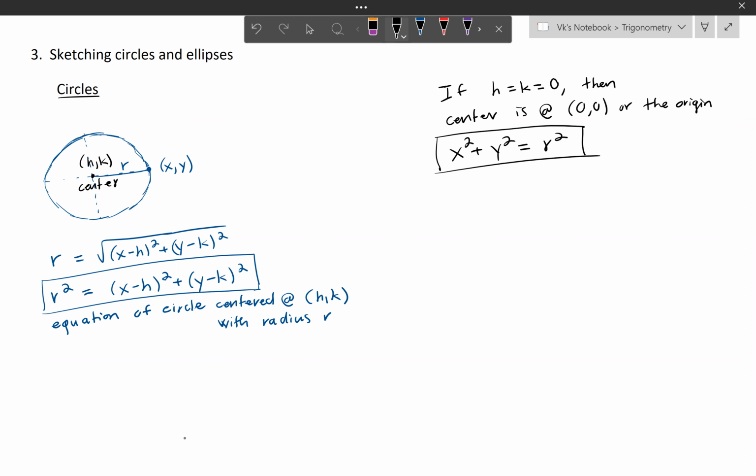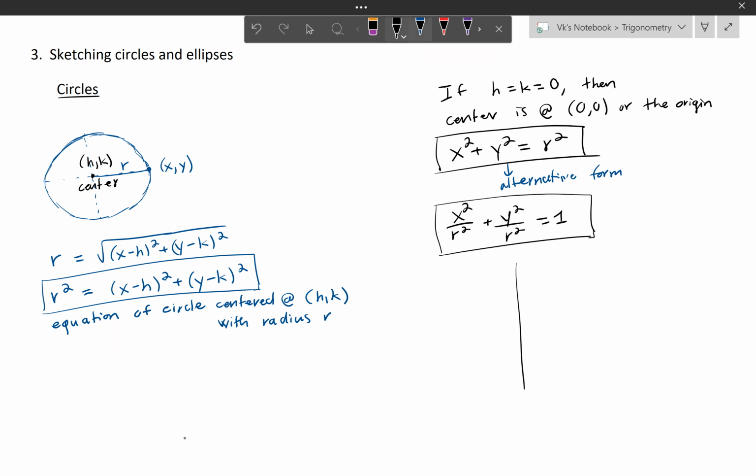The alternative form is by dividing by r squared. So we have x squared over r squared plus y squared over r squared equal 1. That is the alternative form of the circle.